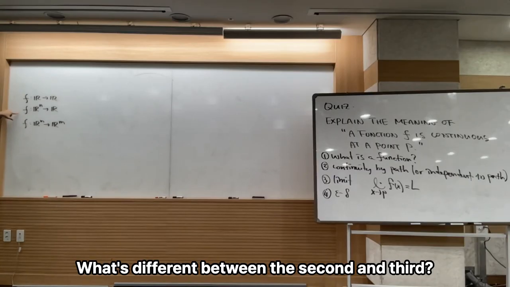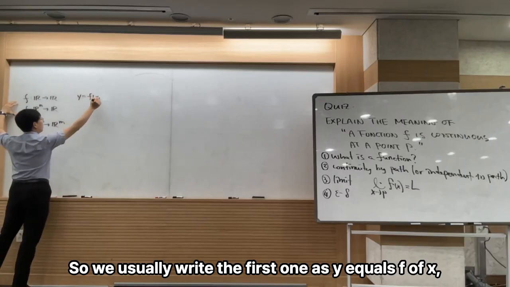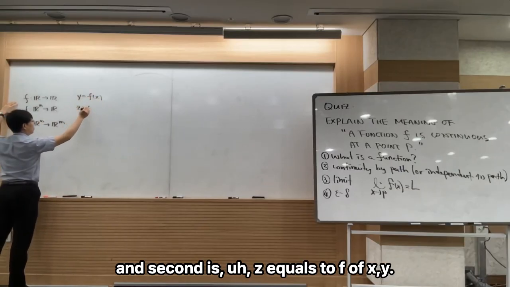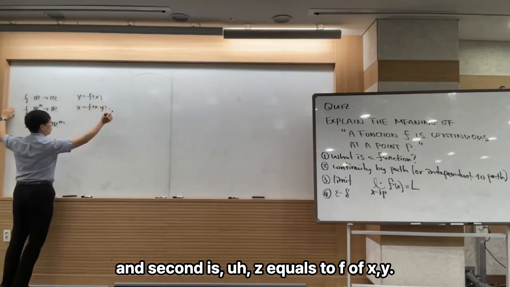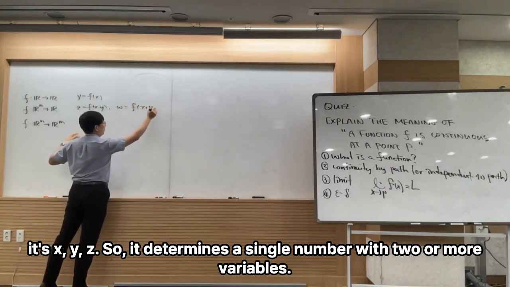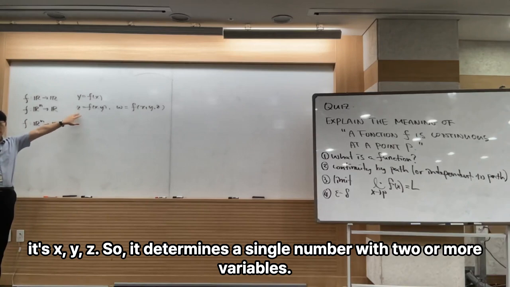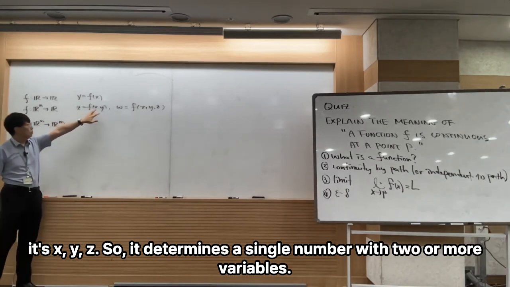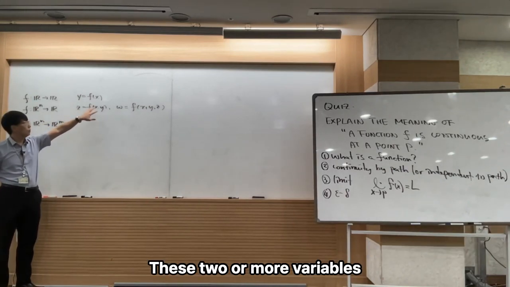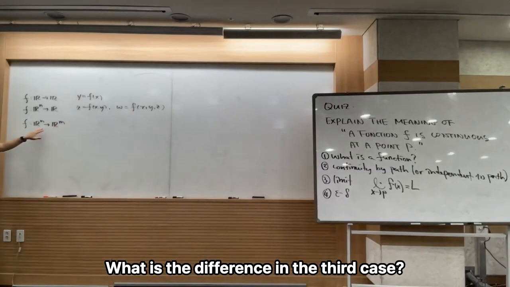What's the difference between the second and third? We usually write the first one as y = f(x), and the second as z = f(x, y), or when it's a three variable function, f(x, y, z). So it determines a single number with two or more variables. These two or more variables are called independent variables. What is the difference in the third case?